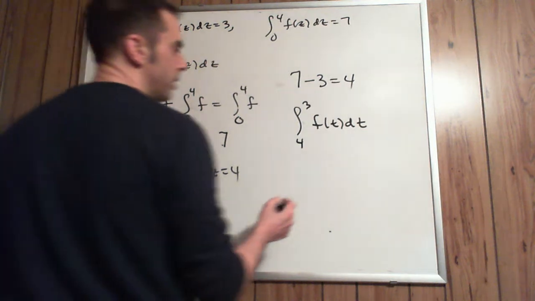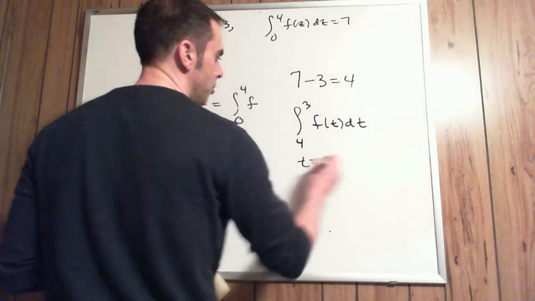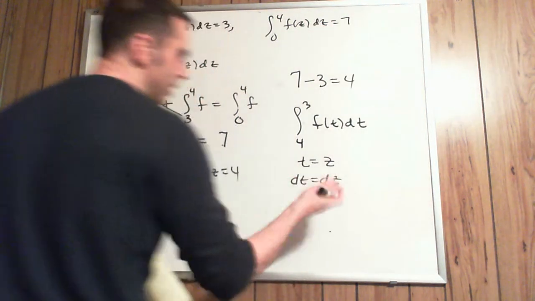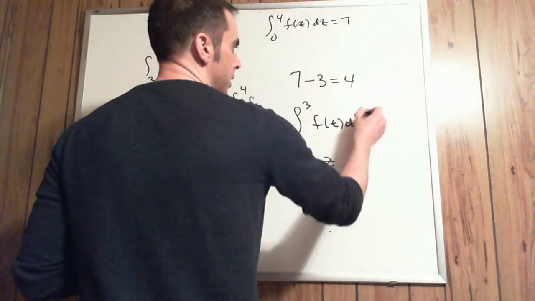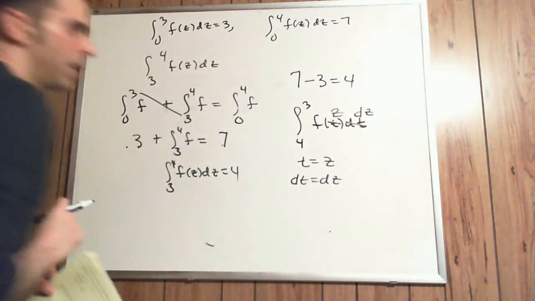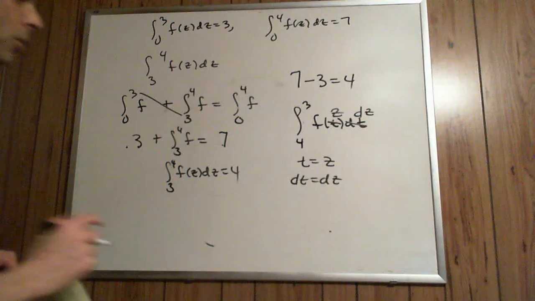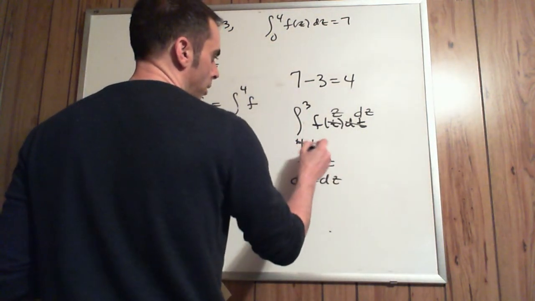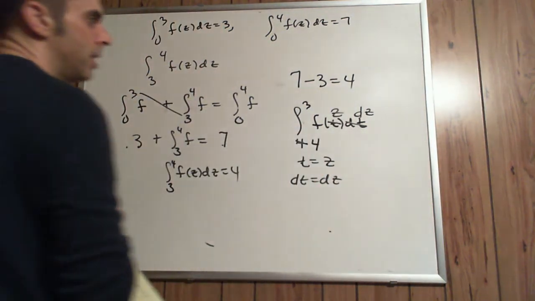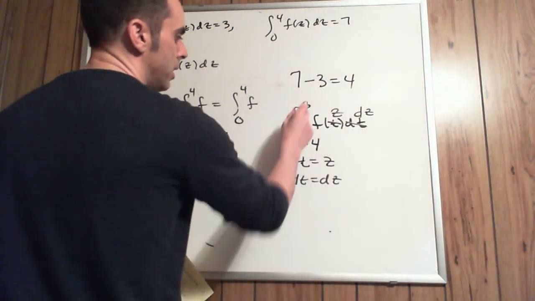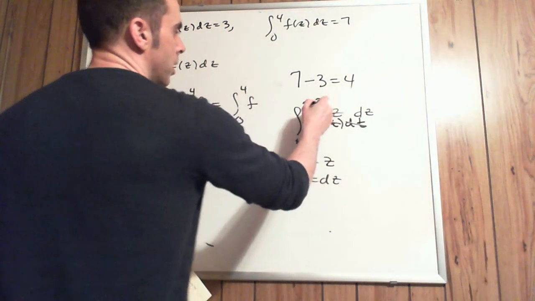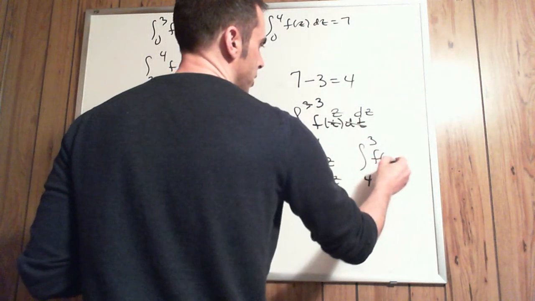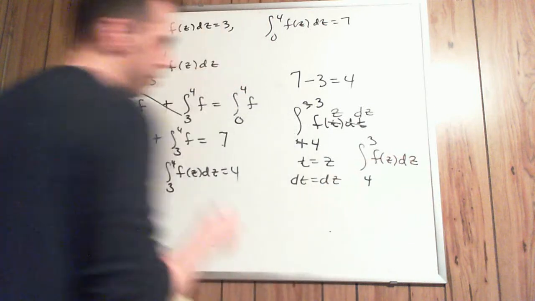So if you let t be equal to z, and then dt would be equal to dz, so this would become dz, this would become z, and your limits of integration would change, so that when t is 4, z is 4 now, and when t is 3, z is 3. So I get the definite integral from 4 to 3 of f at z dz.